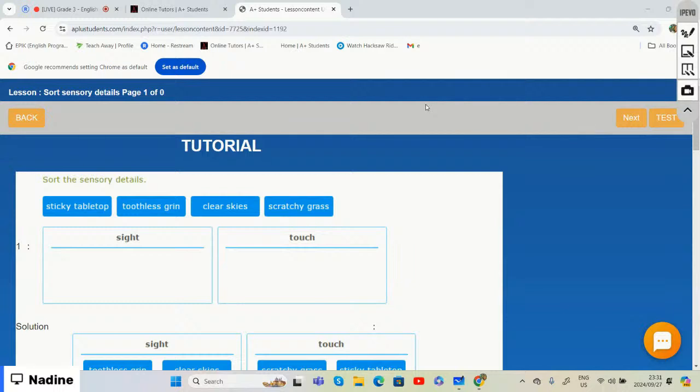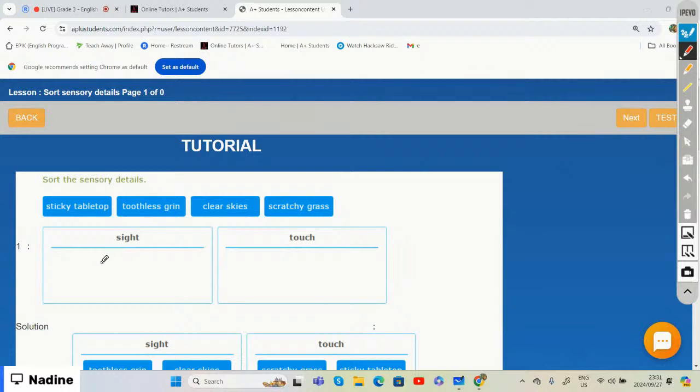And if we were to choose the correct options, then option one, which is sticky tablecloth, is stuff that we can only see.